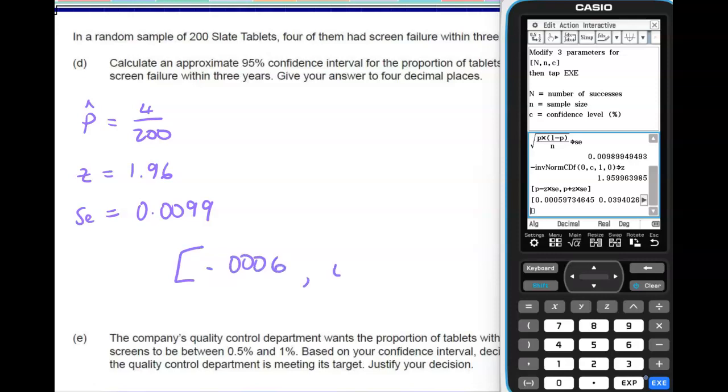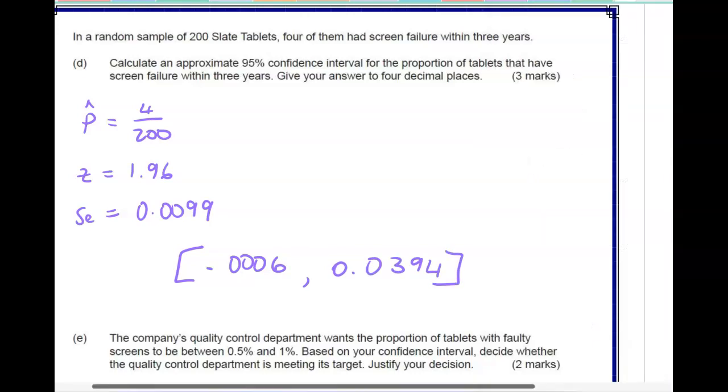It's set to 4 decimal places, so make sure you give it to 4 decimal places. The marking key didn't mention anything about 4 decimal places, but sometimes there is a mark allocated for that. Not always, so not in this case, but sometimes there is. The mark went for this, and it's only 1 mark for the interval.